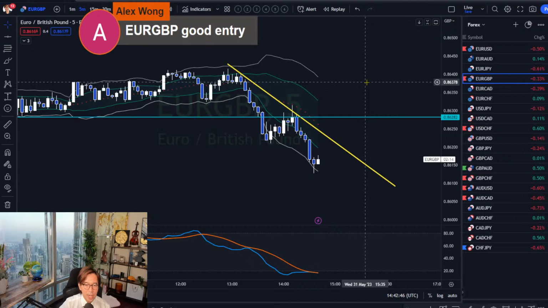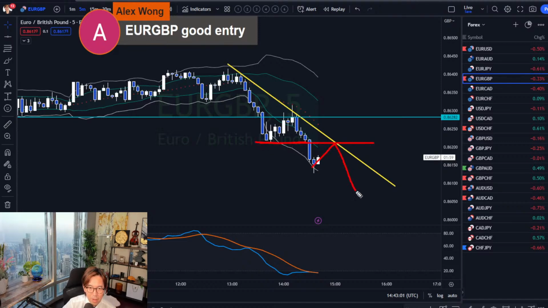It's a downtrend. So far, I think the market broke the support on M5, and now it's going down, so it may retrace to the trend line or the previous support and then go bearish again. So you can wait for the retrace to happen and then sell after this.